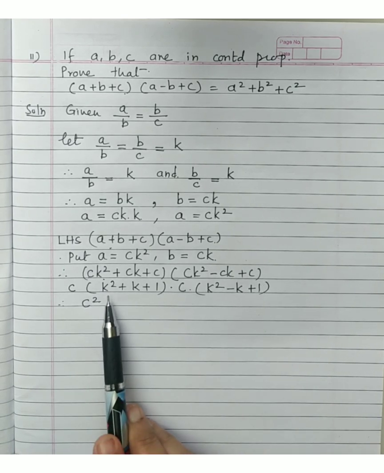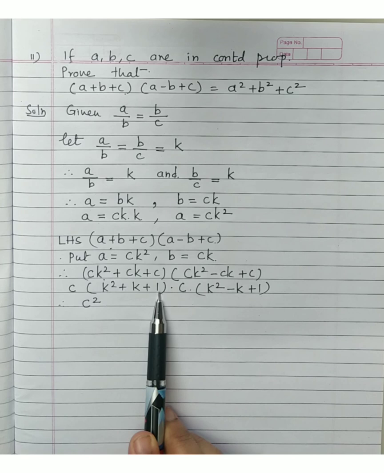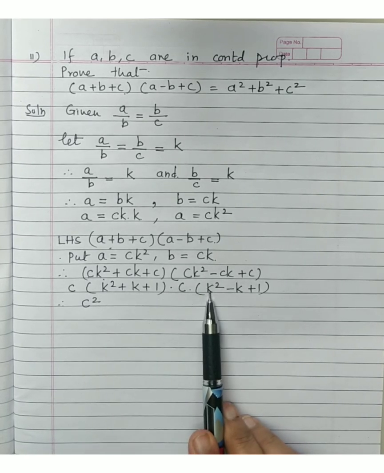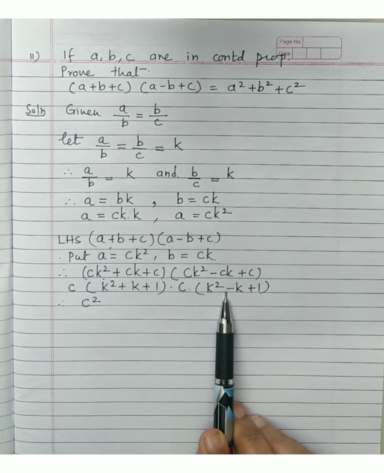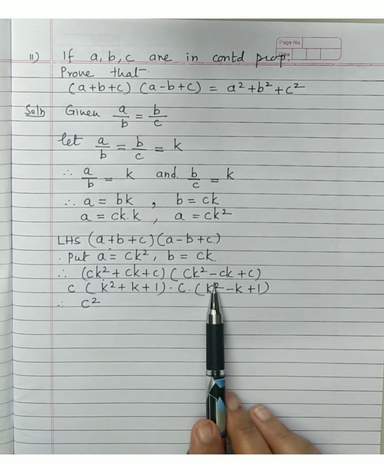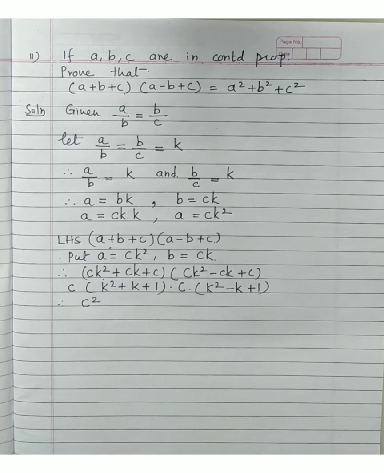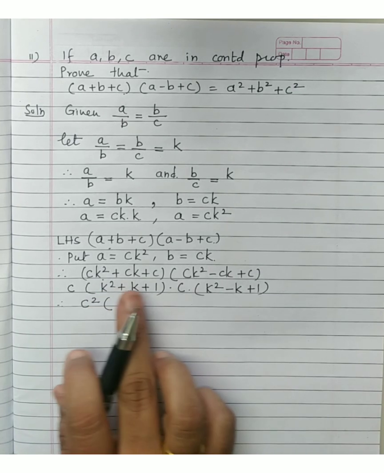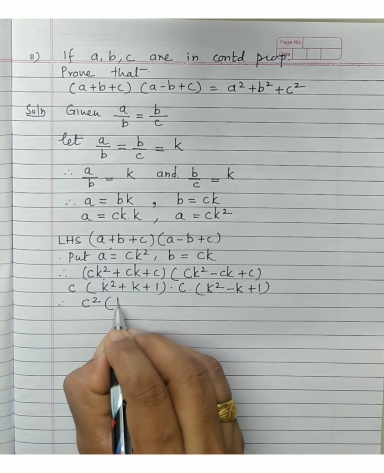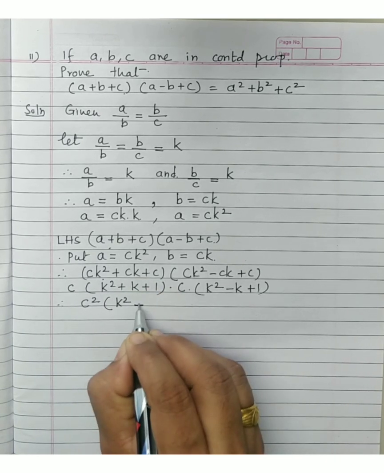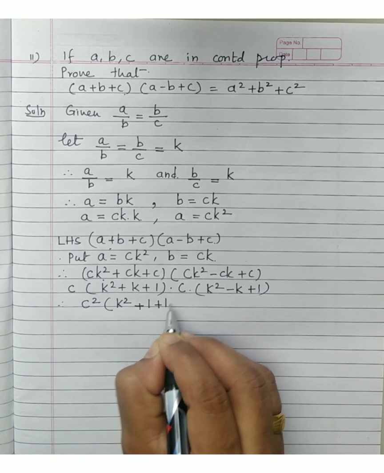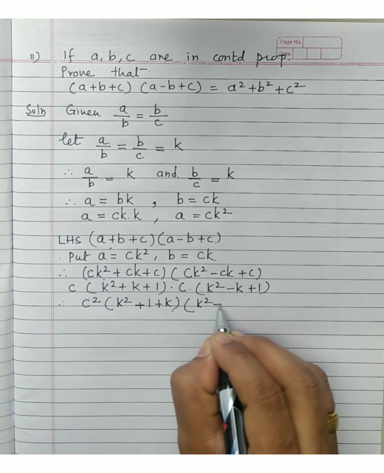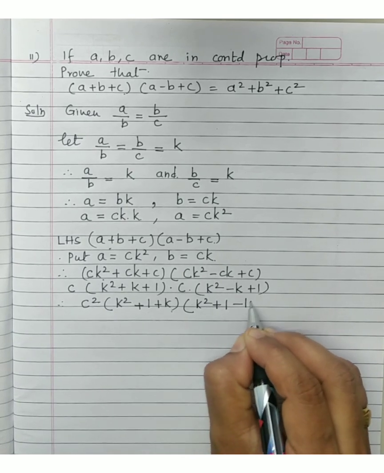If you reshuffle, K square plus 1 plus K will become K square plus 1 minus K. So are you understanding? We can express it as the A plus B, A minus B pattern. So I will reshuffle the terms. Nothing else, instead of K square plus K plus 1, I am writing it as K square plus 1 plus K. Order is changed. And here also K square plus 1 minus K.